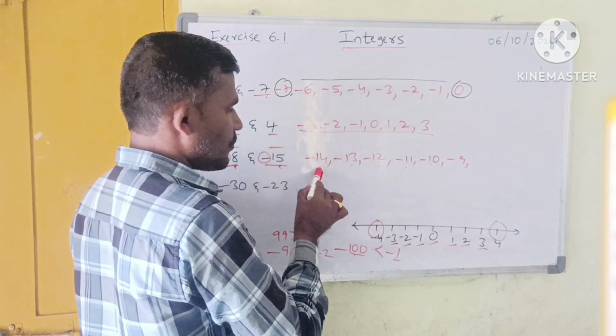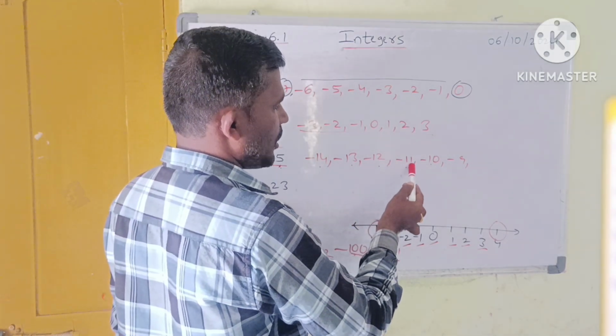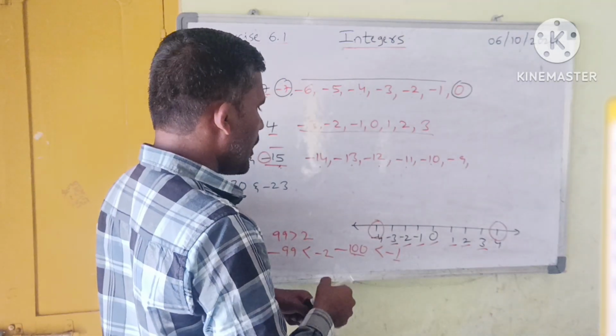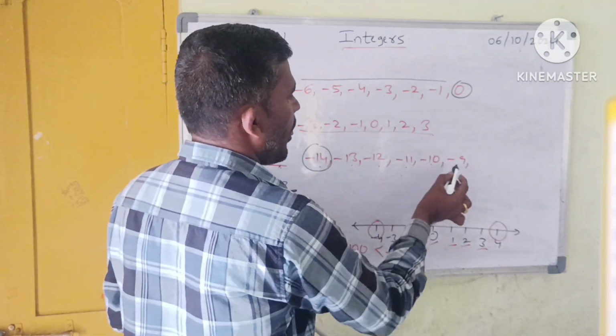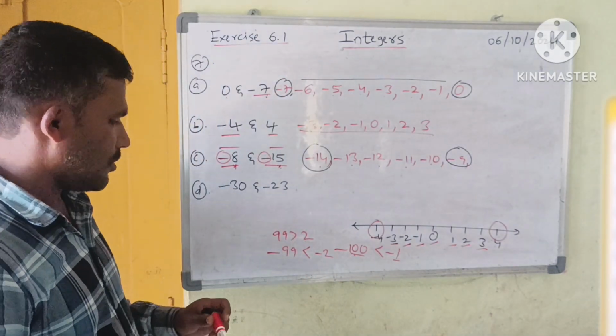In this, minus 14 is the least value, minus 9 is the highest value.